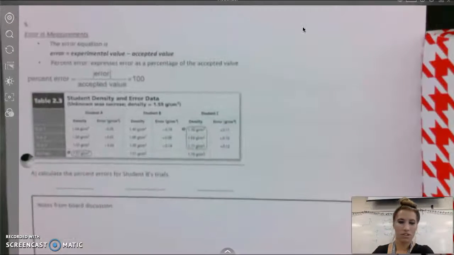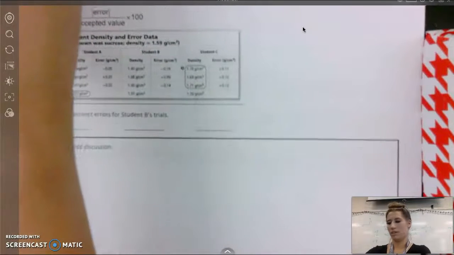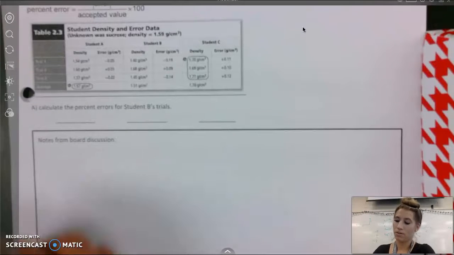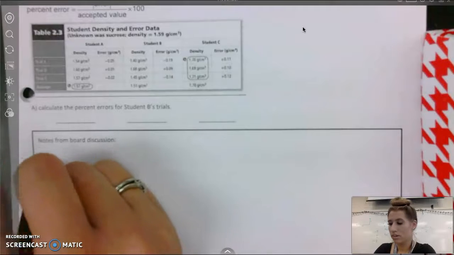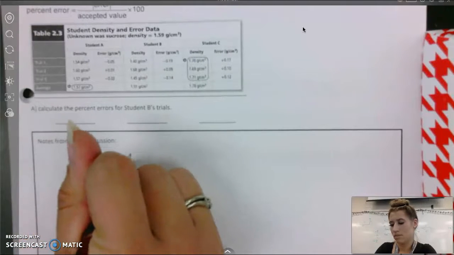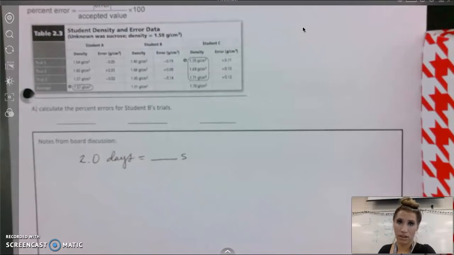Okay, let's add one here. So let's go to notes from the board discussion. I want you to try this first on your own, then come back to the video and see how you did. What if I want to know how many seconds there are in 2 days? I want to know how many seconds are part of 2 days.